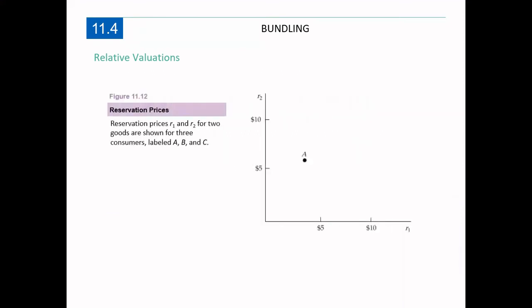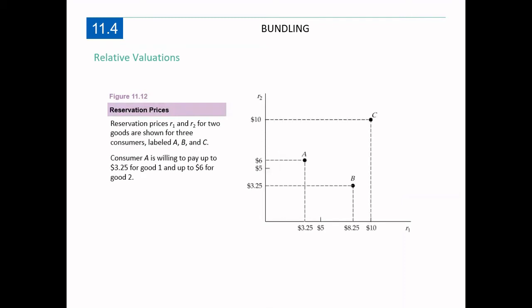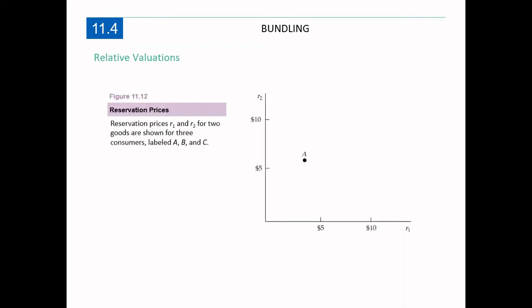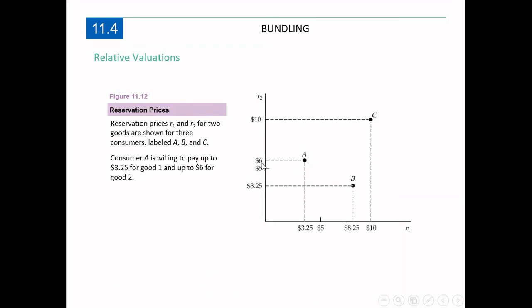So the reservation prices: how can we determine these reservation prices? You see here in this criteria, we have rent 1 and rent 2 for different types of product. I'm trying to make a bundle here. If I bundle at point A, it will be pay 6 and 3.2 for the rent of another product.